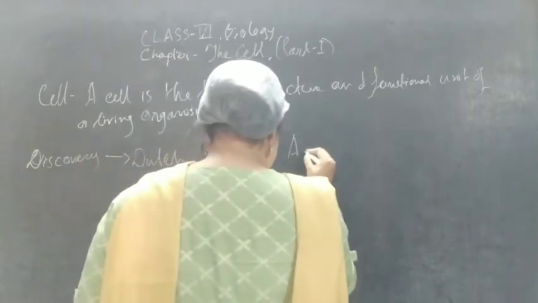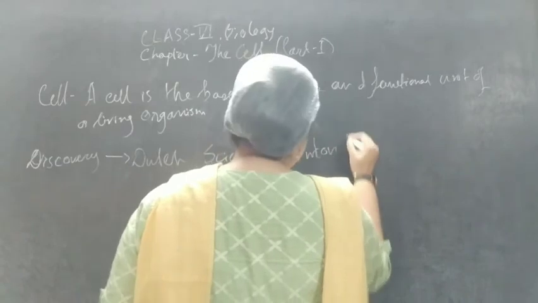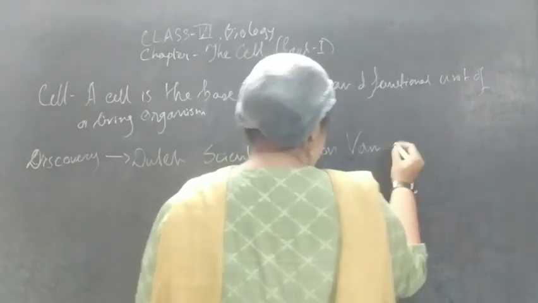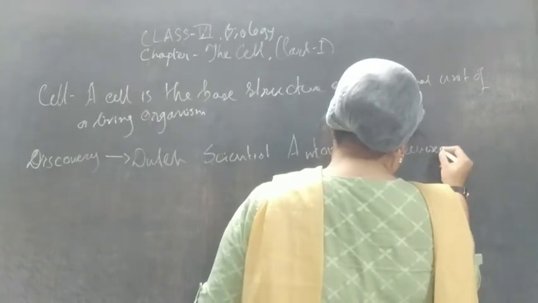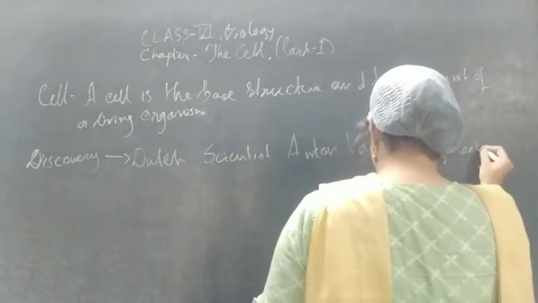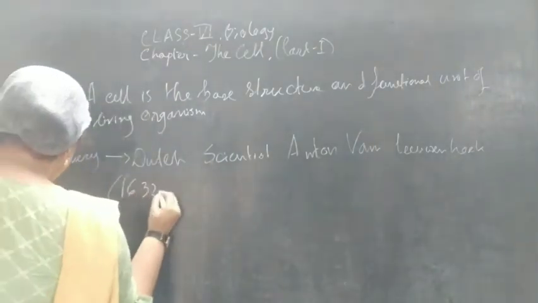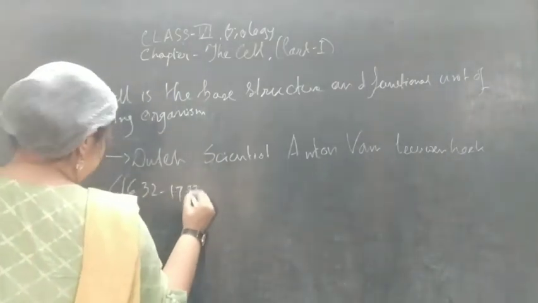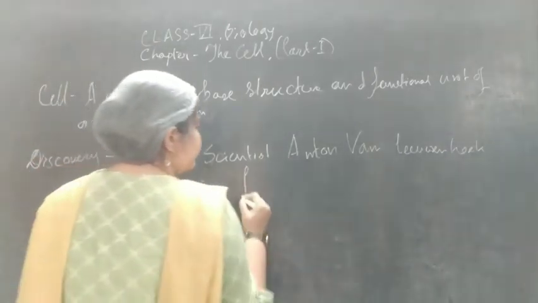Name is Anton van Leeuwenhoek. Okay, from 1632 to 1723, he developed the first microscope.